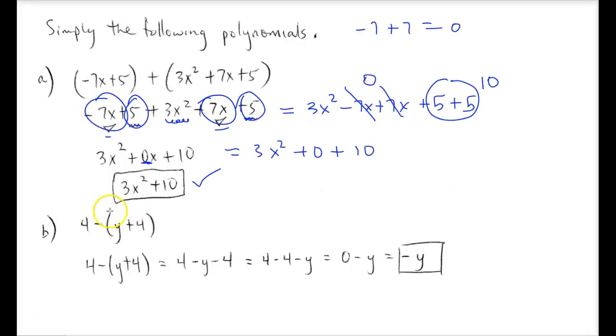For our second example, if you notice here we have subtraction. So 4 is technically a polynomial, but we're subtracting y minus 4 from that. So we know here we have to distribute our understood -1 that's here. And so I'm going to come here off to the side and sort of describe why that is.